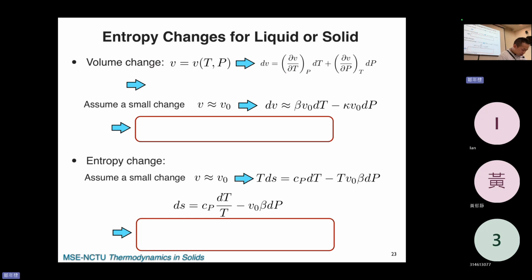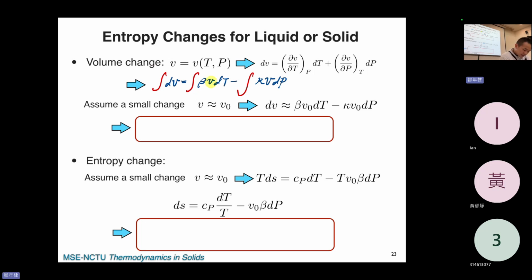What will it look like? So dV equals beta V dT minus kappa V dP. Actually, we've done that before, right? All we need to do when we see the volume change is do the differentiation.